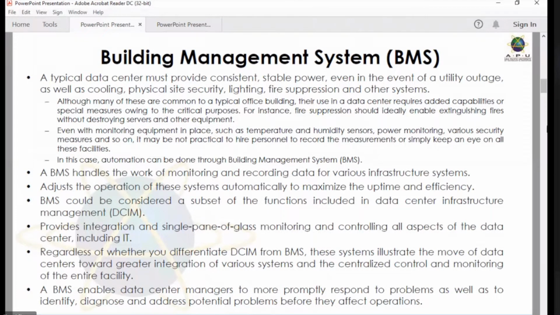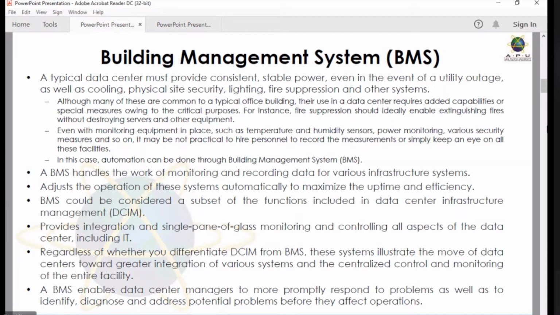Regardless of whether you differentiate DCIM from BMS, this system illustrates the move of data centers towards greater integration of various systems and centralized control and monitoring of the entire facility. So it's the most critical aspect of DCIM, okay?